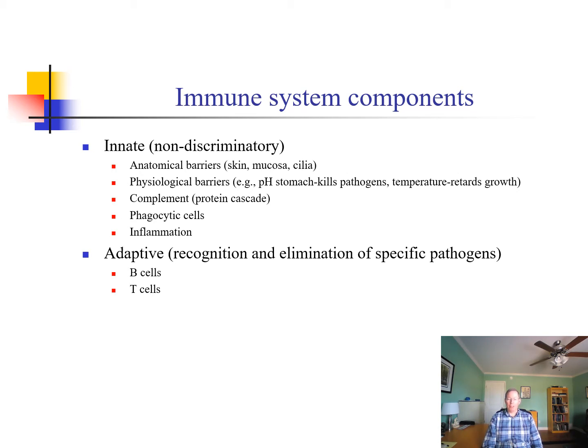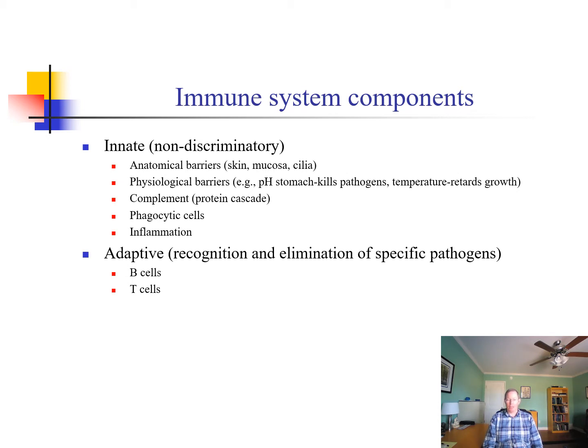There are a sequence of proteins that are collectively called complement that we'll talk about in a minute that basically have different pathways that lead to the destruction of pathogens. There are certain types of phagocytic cells that go around and eat invading pathogens.